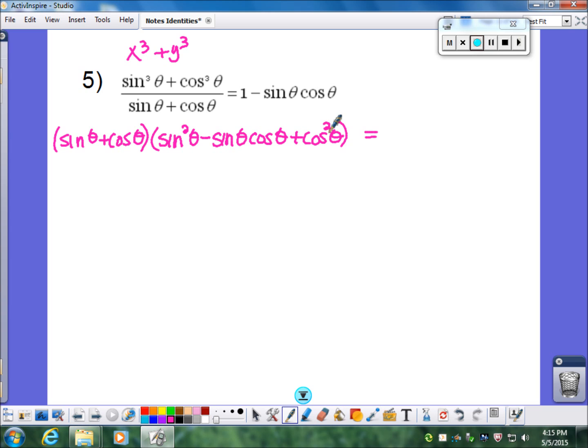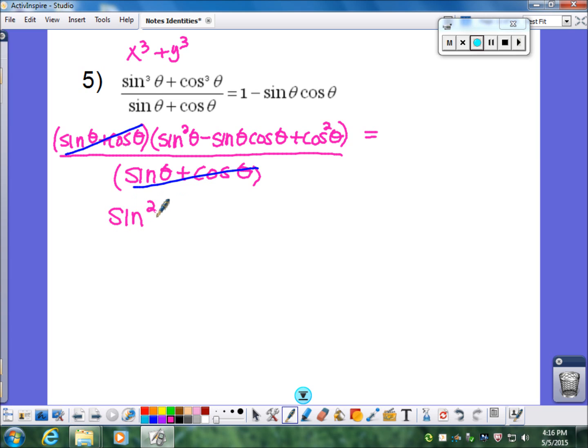All right, all over sine theta plus cosine theta. Well, that's a common factor, so that's going to just equal 1. So that's going to leave me with sine squared theta minus sine theta cosine theta plus cosine squared theta.